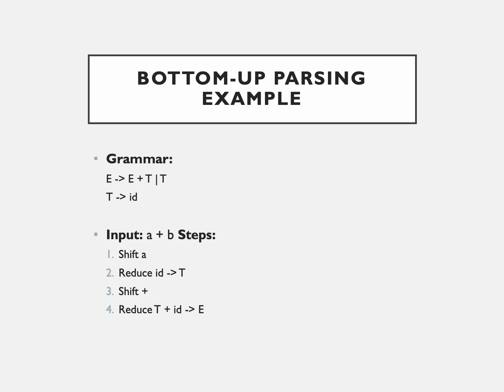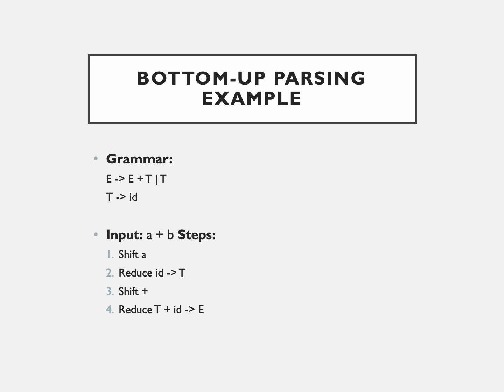The stack now contains T plus. Then on the fourth step, shift b, the parser reads the next token b and places it on the stack. The stack now contains T plus ID.